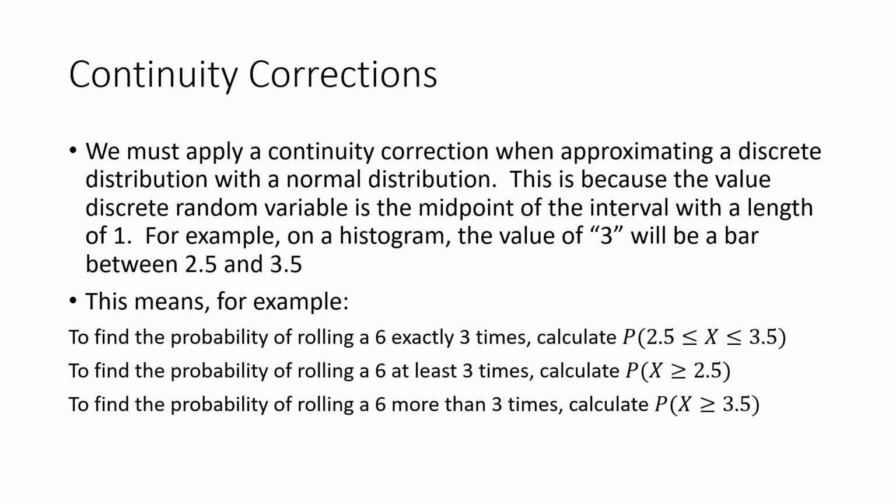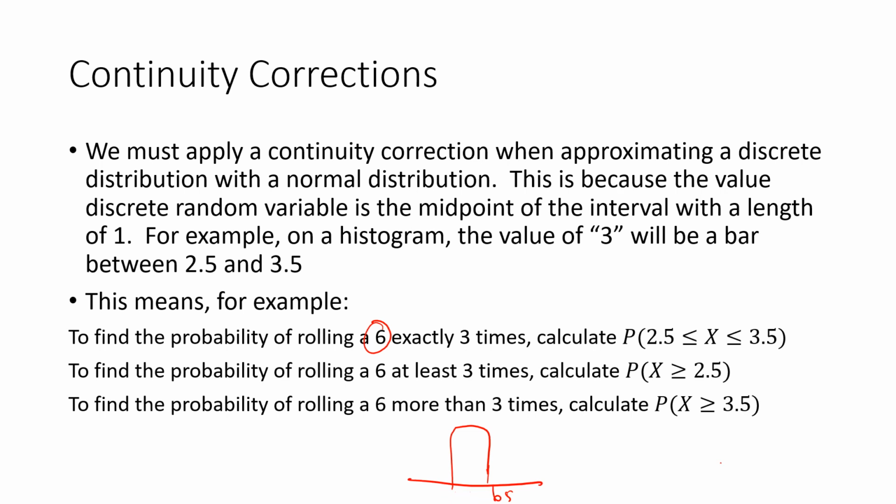So what does this mean? If we want to find the probability of, say, rolling a 6, 6 would be a bar that is between 5.5 and 6.5. So to calculate the probability of rolling a 6 exactly 3 times, sorry, I made a mistake.